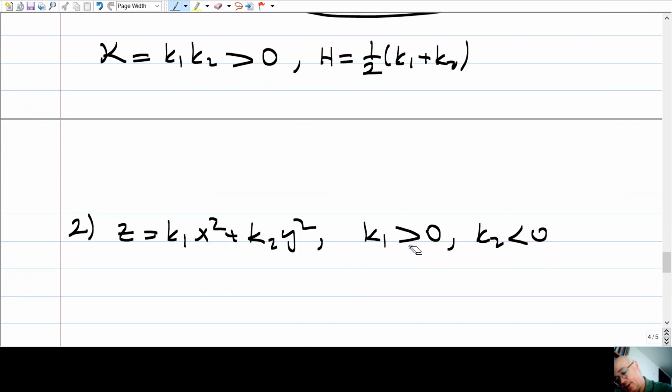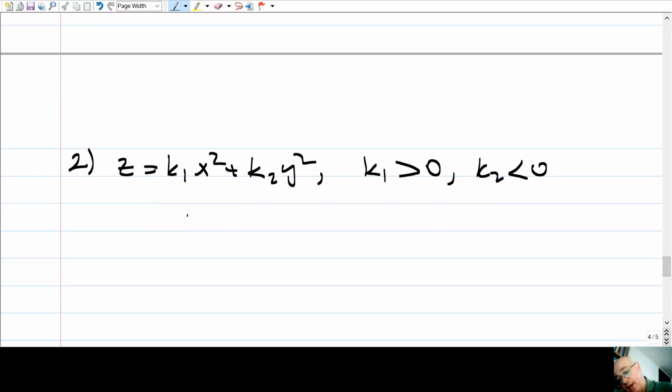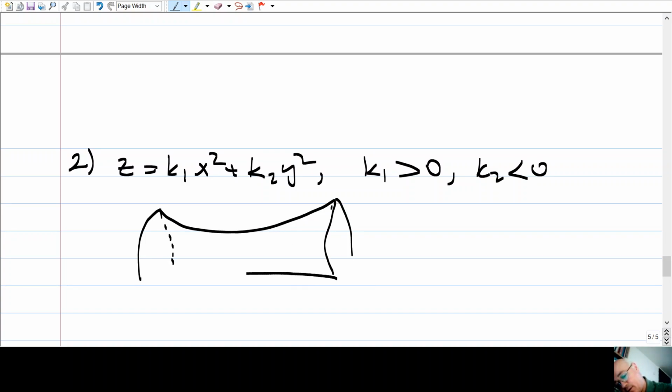So we have a surface like this in this case, and our point P is here, again the point 0, 0, 0.